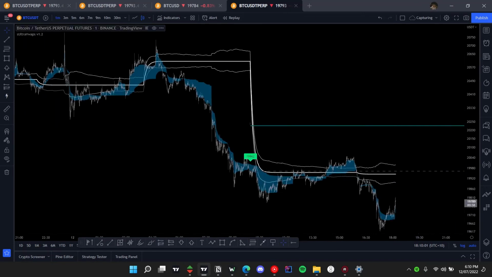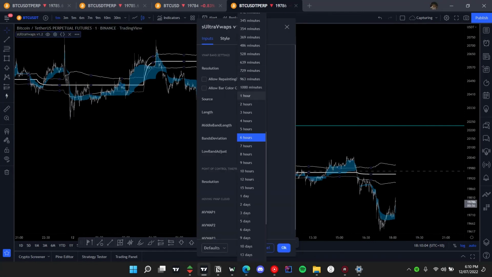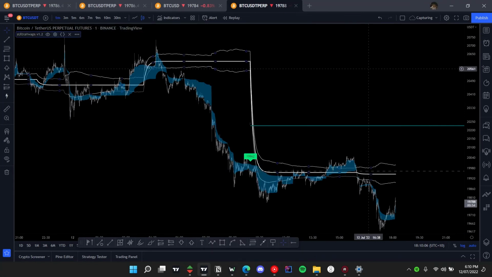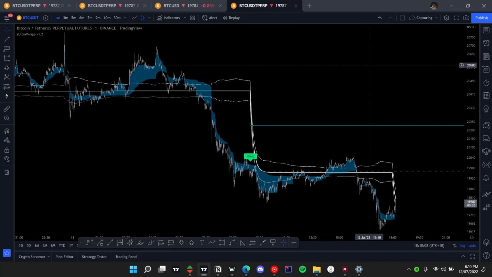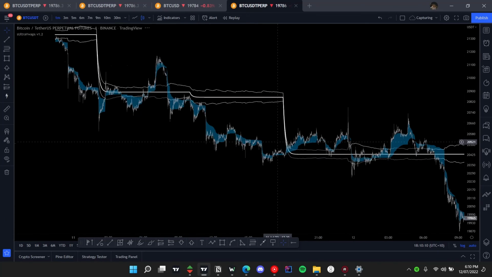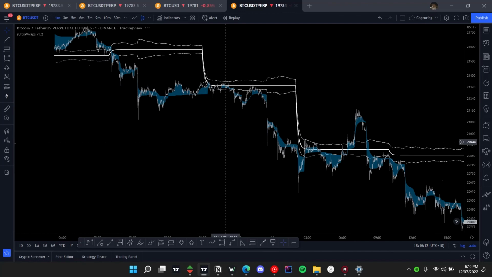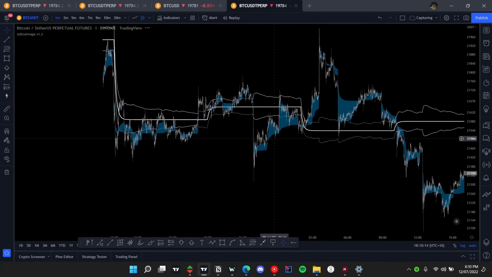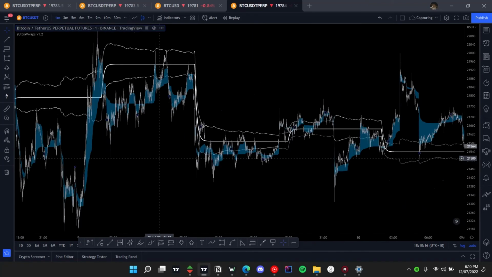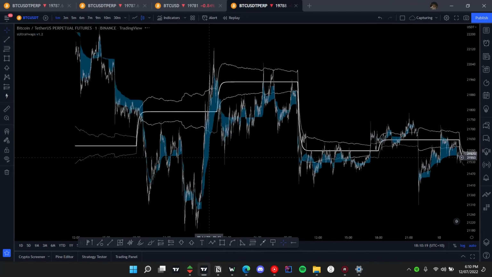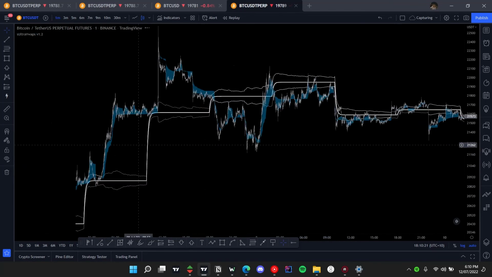It works pretty well. I'm going to just play with it until you find the best optimum settings. 8 hours is looking great.